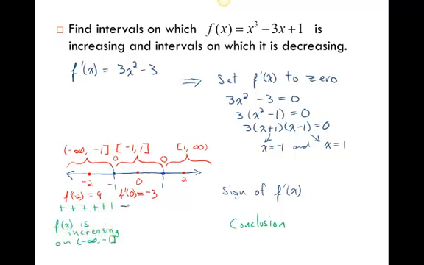So our function, right? Since our derivative is negative in that interval, our function is decreasing. So f of x is decreasing on the interval from -1 to 1. So it's the closed interval for increasing or decreasing.